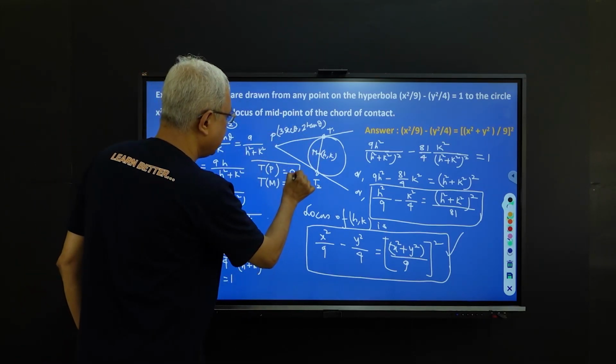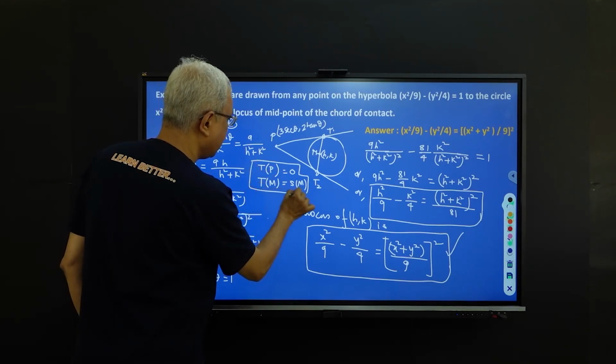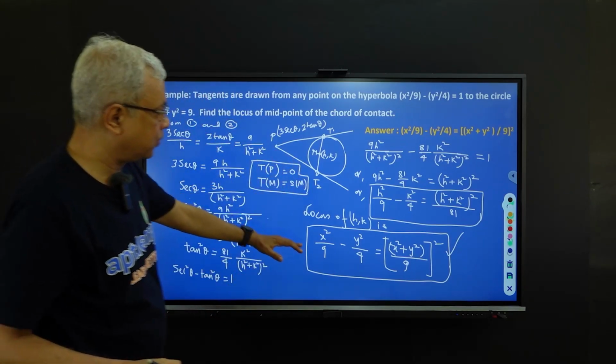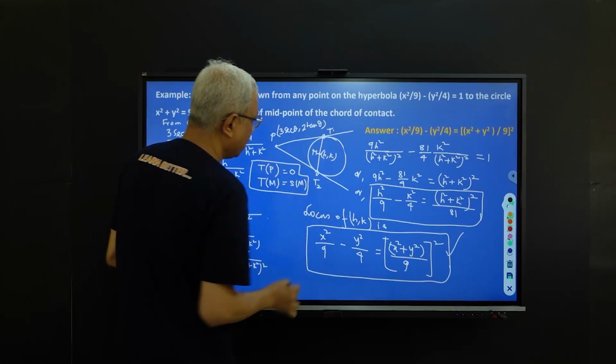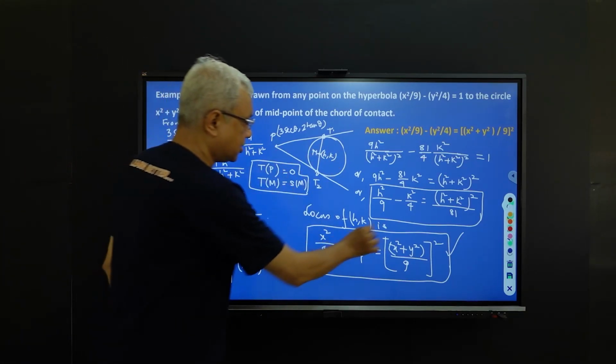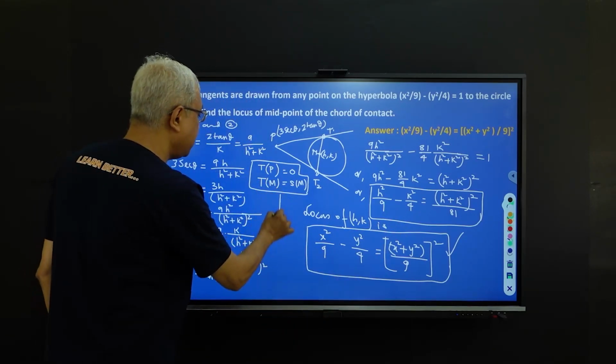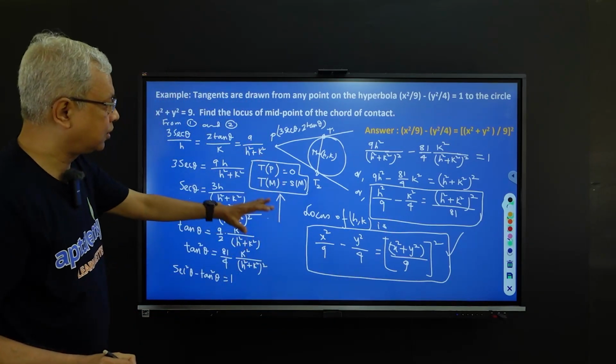So we use these two techniques, and from that we could derive the equation of the locus of M or (h, k) as this. So this is a very useful technique for this problem.